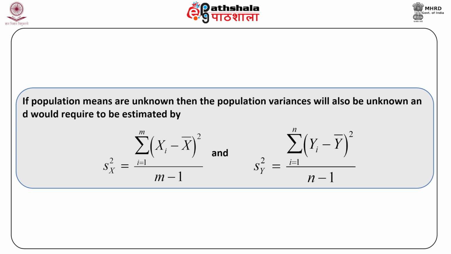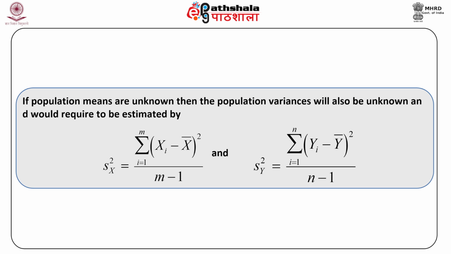It is reasonable to assume that if population means are unknown, then the population variances will also be unknown and would need to be estimated, let's say, by Sx square and Sy square, where Sx square is written as the summation of (xi minus x bar) square upon m minus 1, and this summation is from 1 to m.